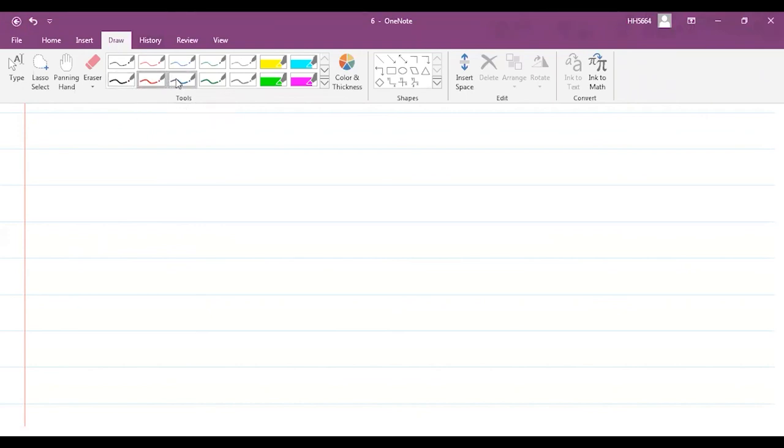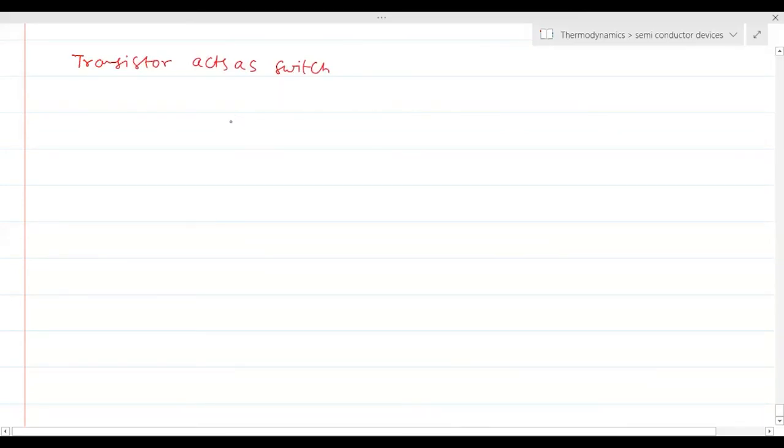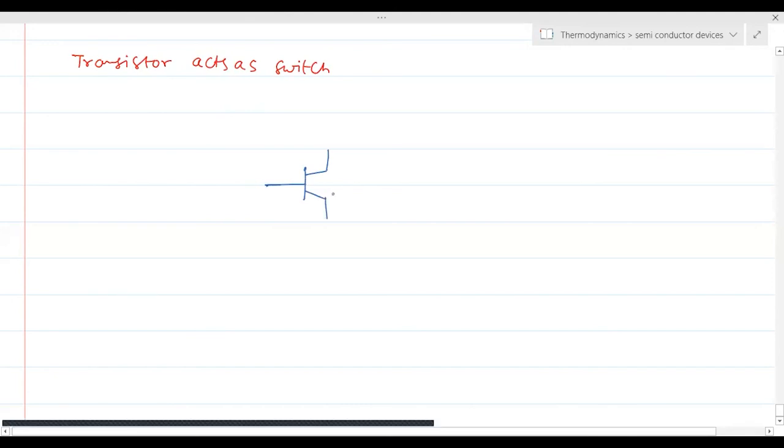For this, I'm taking the required diagram. You need to be very careful in understanding the diagram, because there is a need to apply the Kirchhoff voltage law here. Suppose I am taking this as a transistor. Here I am taking emitter, this is base and this is collector.